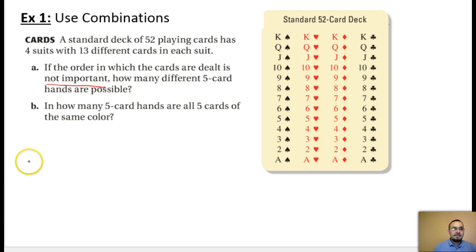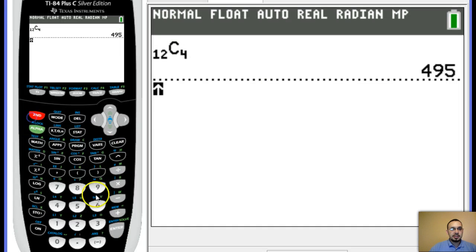We're dealing with 52 cards for part A, and 5 are dealt. If I have 52 cards, how many of those am I choosing to deal? I'm choosing to deal 5. So 52 choose 5. If I punch this into my calculator, again I'm going to use the second enter command to repeat.